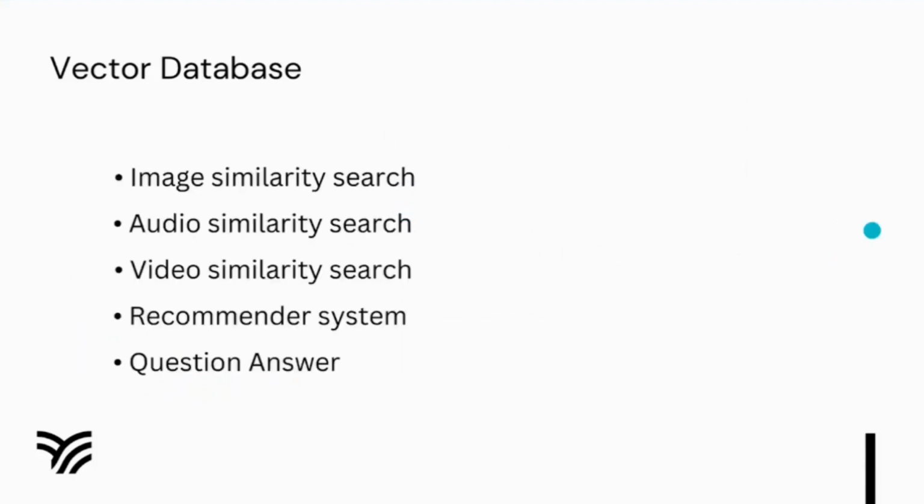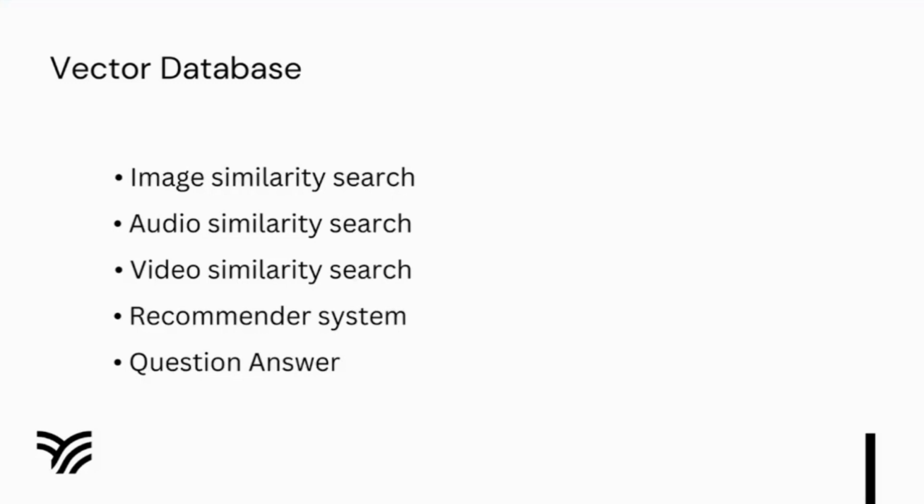So let's see the applications of vector databases. Some applications are image similarity search, audio similarity search, video similarity search, recommender systems, and question answering. I think we all use image similarity search in our daily life, like Google Images.